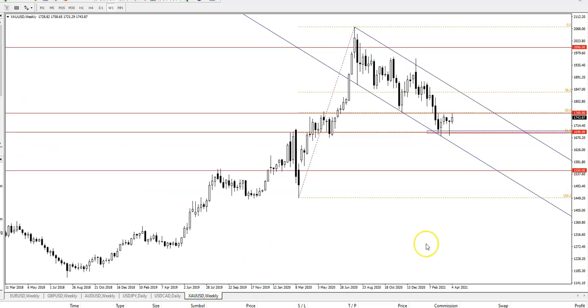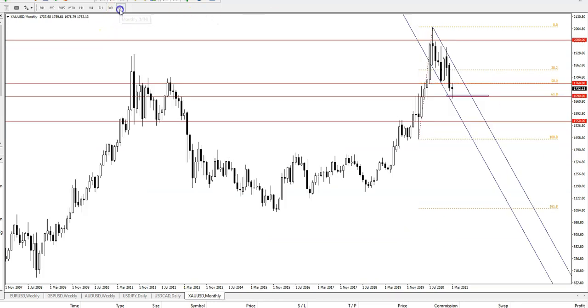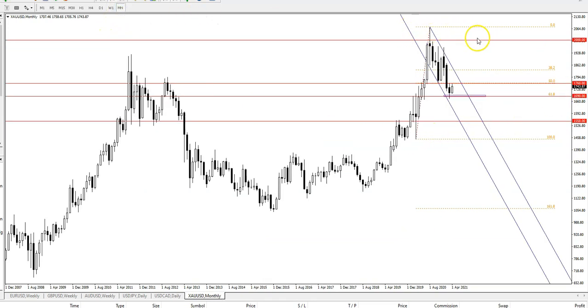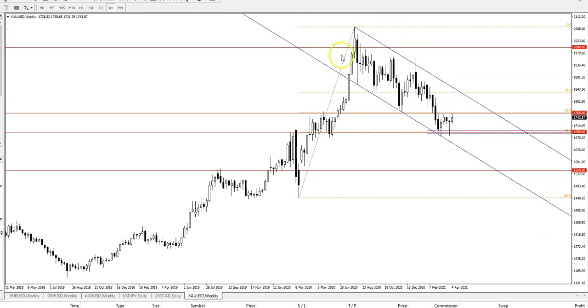Right, that's CAD. Last but not least, I have got gold. Gold on a weekly chart. For those who are not aware, gold on the monthly chart has tested its $2,000 mark, a huge psychological level. Probably did a consolidation, or it's consolidating as we speak.